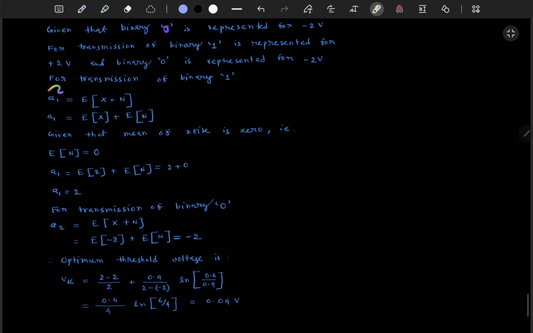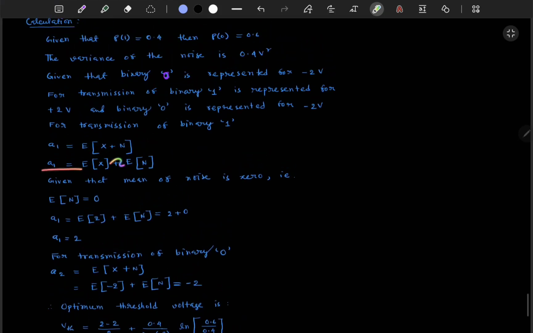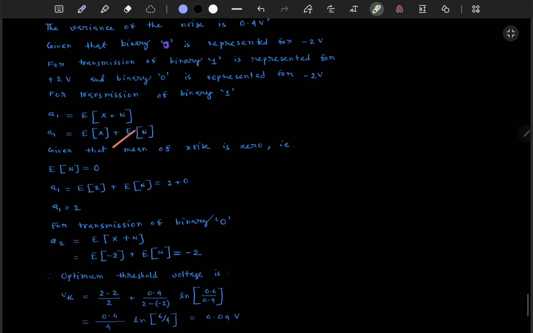That is final. Now for the transmission of binary 1, A1 equal to expectation of x plus n. A1 will be E of x plus E of n. Given that the mean of the noise is 0, E of n is 0. This n is for noise, so expectation of noise is 0. Now A1 equal to E of 2 plus E of n, equal to 2 plus 0.